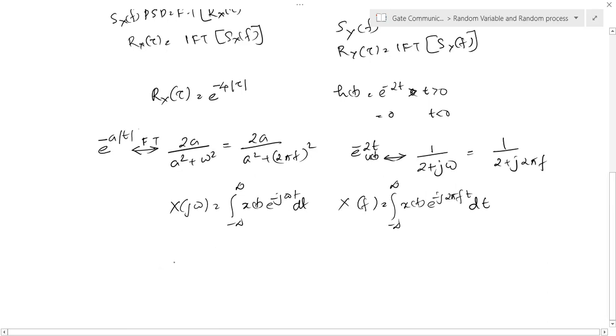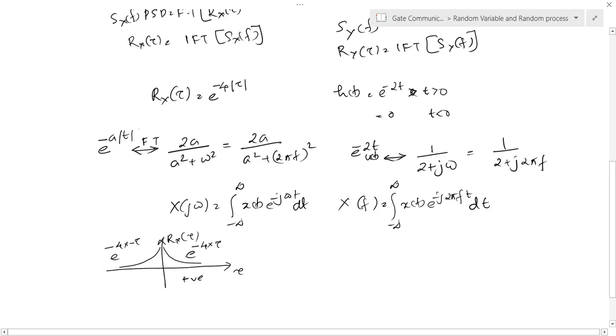Otherwise, you can use this particular equation. The autocorrelation function Rx of tau is given as e raised to minus 4 modulus of tau. For the positive side, you can consider e raised to minus 4 tau; for the negative side, e raised to 4 tau. So it's a double-sided exponential signal, and this is the general form of this Rx of tau.